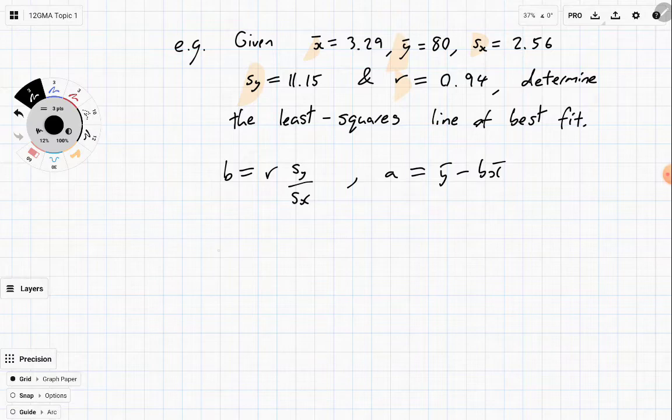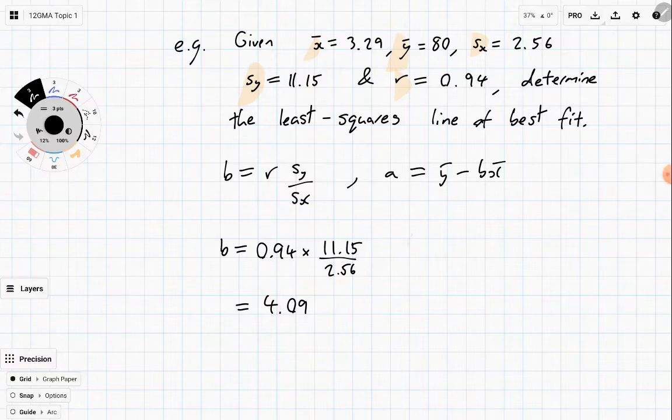So b is equal to r, 0.94, multiplied by sy over sx. sy is 11.15 over sx, which is 2.56, and then b is equal to 4.09. So that's our b value, and now we can use our b value to find our a value.